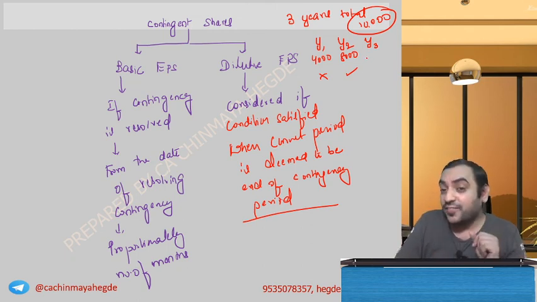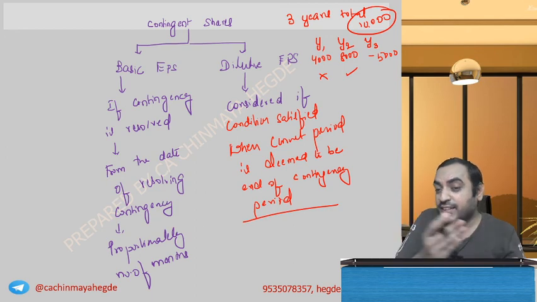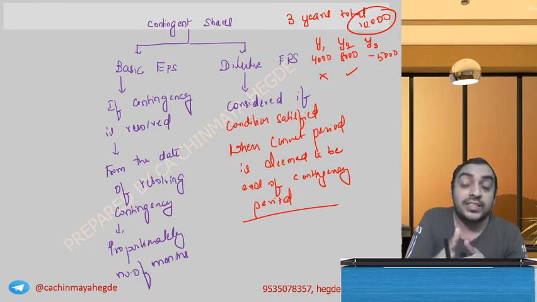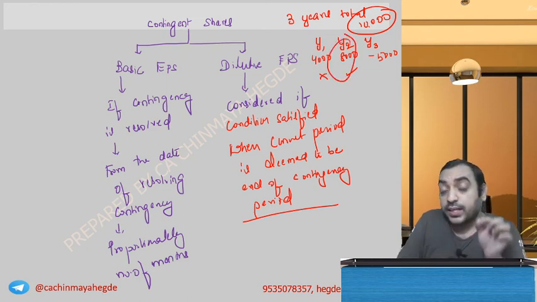Year 3 is still pending, but 4,000 and 8,000, 12,000 already made. Next year, what if there is a loss of 5,000? What will happen at the end of year 3? 4 plus 8 minus 5. It would be less than 10,000. So you cannot say in year 2 they have satisfied the contingency. In year 2 the contingency is still pending.